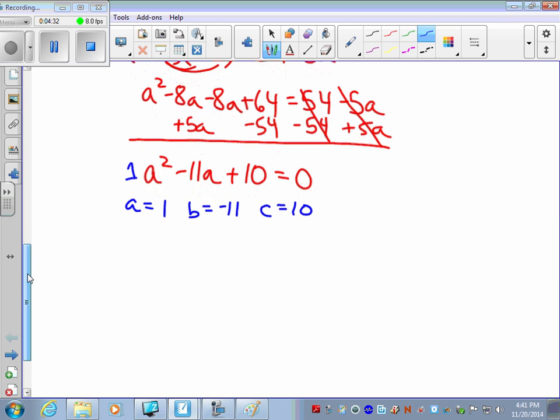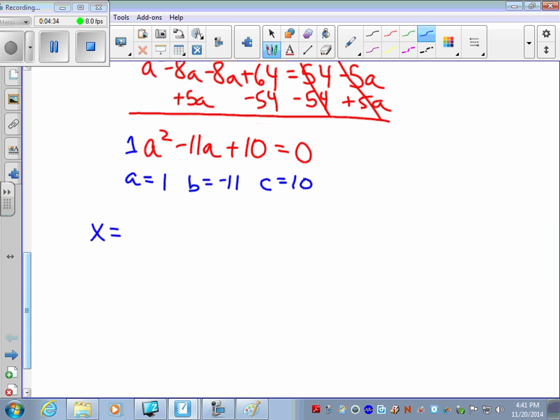We have x equals the opposite of b, plus or minus the square root of b squared minus 4 times a times c, all divided by 2 times a.